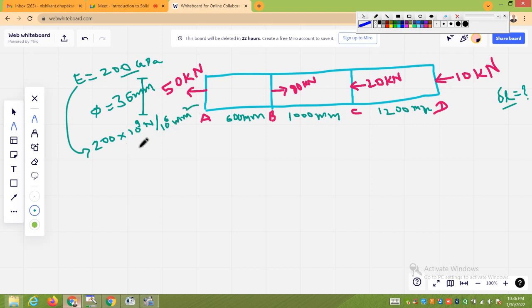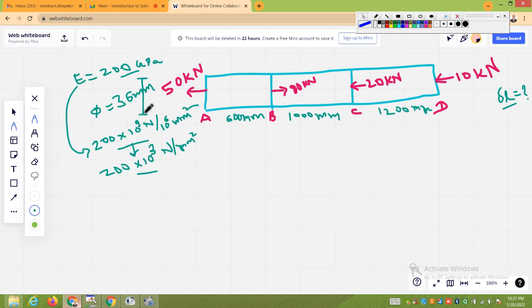For unit conversions, you can watch my previous videos. So 200 gigapascal means 200 into 10 to the power 3 newtons per mm square. This is the value of E you have to use.